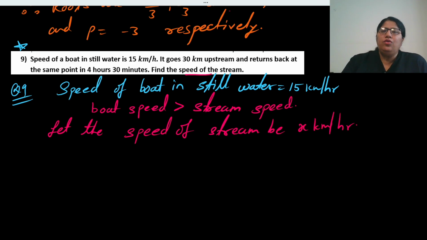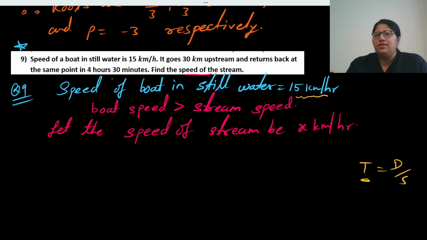Now again this is speed, distance, time, and we need to get it in terms of time, because time is distance by speed, and we are having distance 30 kilometer, you need to go up, and 30 kilometer you need to come back, and speed is also known. So we will frame the equation based on time, right? But how will you get to know, because the speed is going to change. The boat speed will be different in still water and when there is a stream, correct?